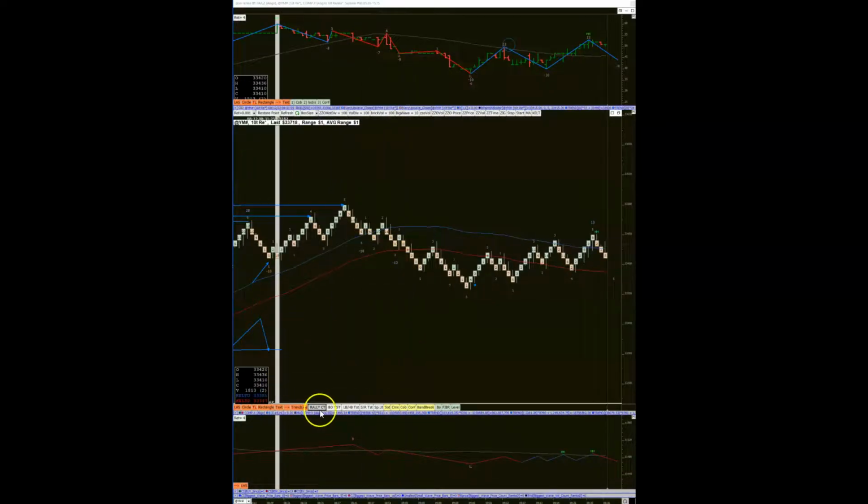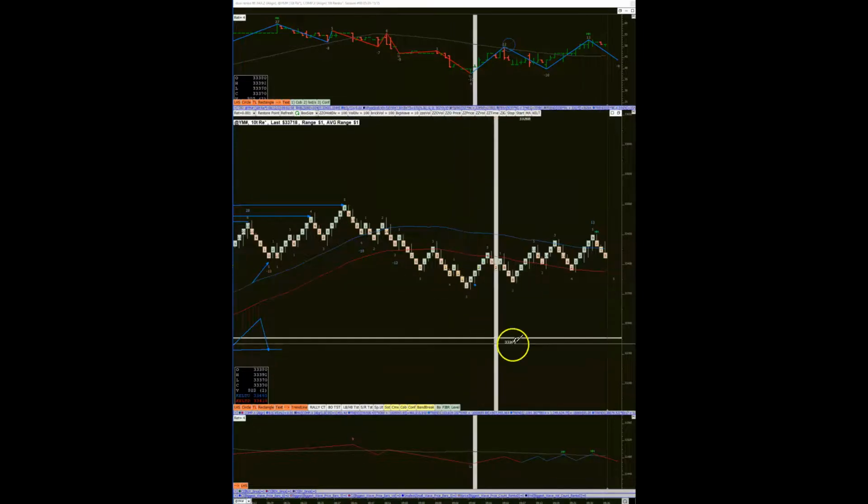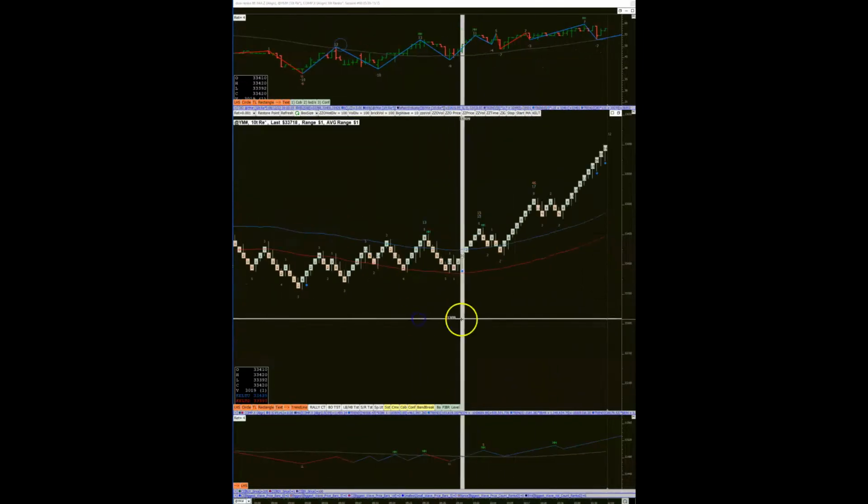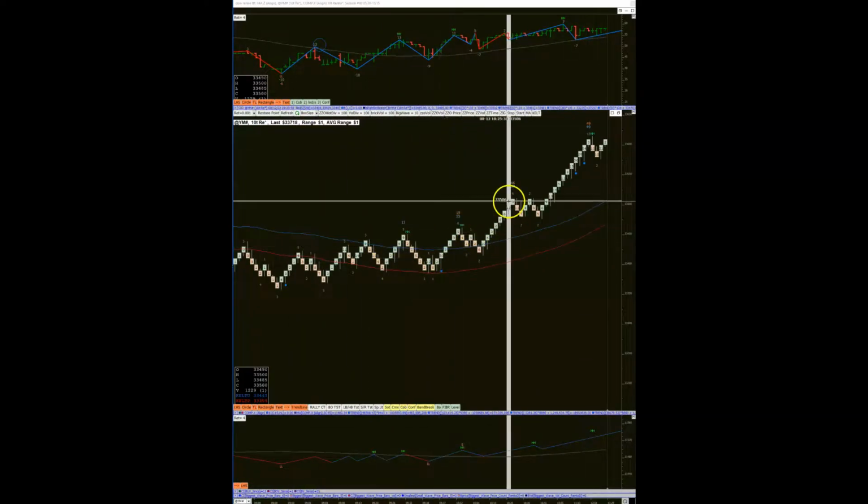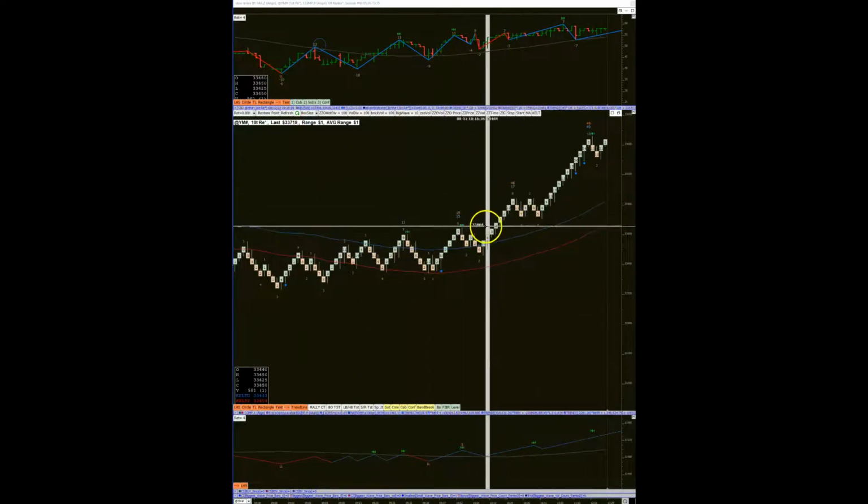I'll give you another example, here to here. This low to this low. And then from that low to that low is only 2 bricks. The thrust shortens. Here it's still basing and all that, and now you have that rally. You have good thrust. One way to measure it, you just draw a line.